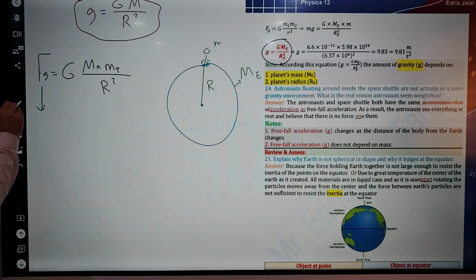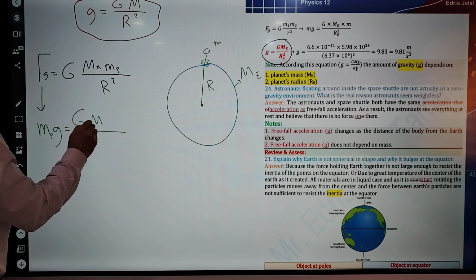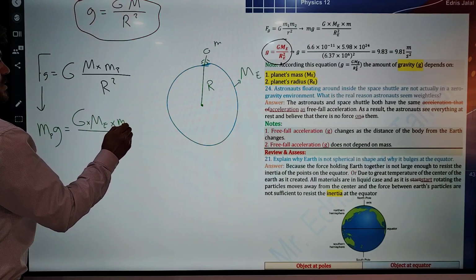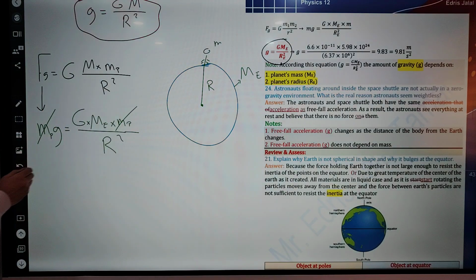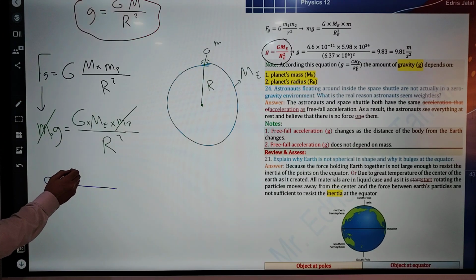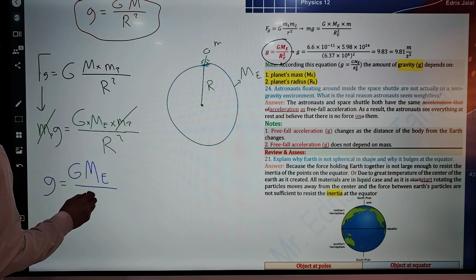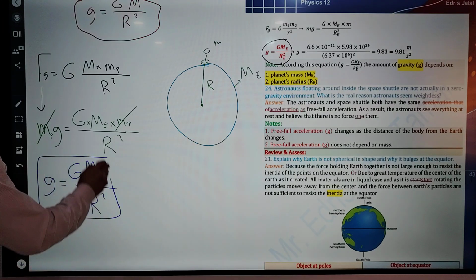To find the gravitational force, we can also use mass times gravity, the mass of the person, which is equal to G times the mass of Earth, our planet, times the mass of the person divided by R squared. The mass cancels, so what remains? Gravity, the free fall acceleration, is equal to G, the universal constant, times the mass of the Earth divided by R squared.